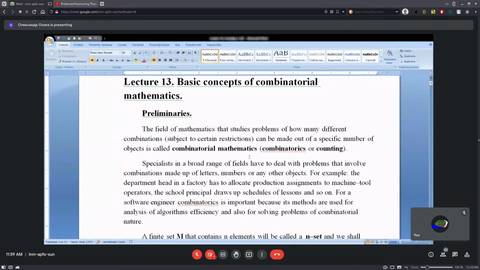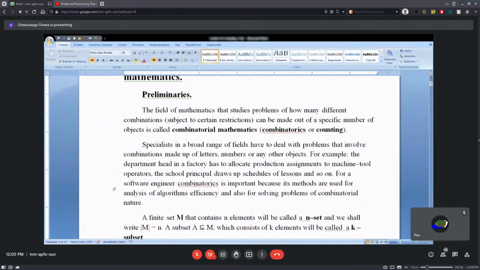But just to say something, I gave you these three lines. Specialists in a broad range of scientific fields have to deal with problems that involve combinations made up of letters, numbers, or any other objects.